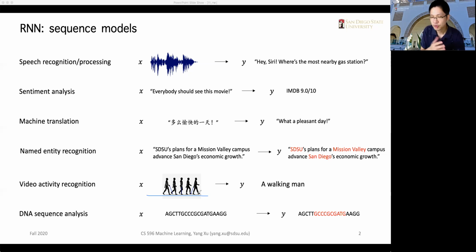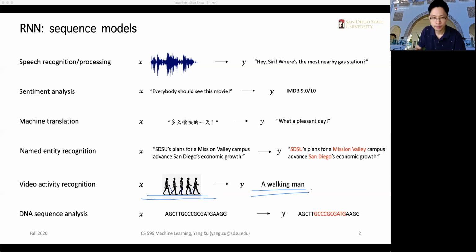So the RNN-based models can be applied in this case, that it recognizes continuous movements, a continuous action in a video, and then given the input video clip here, it can output some descriptive text showing that, okay, this is a walking person, this is a walking animal, and so on.